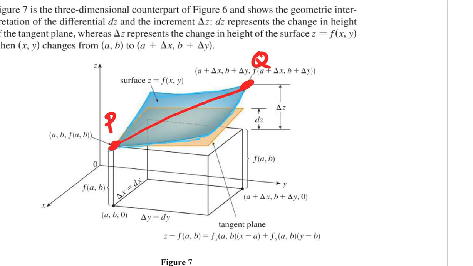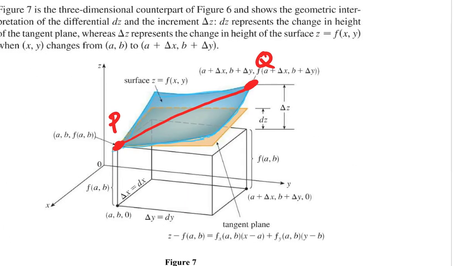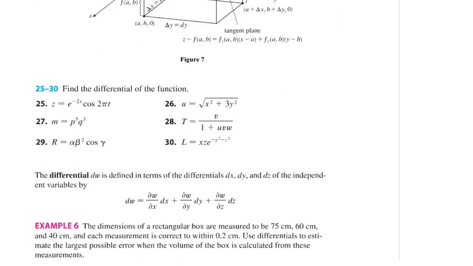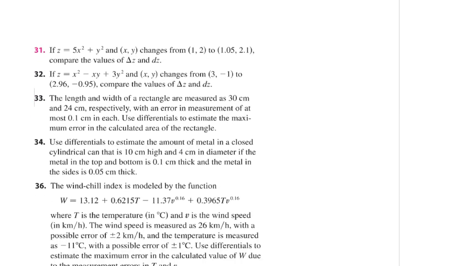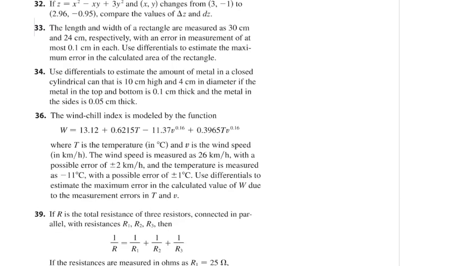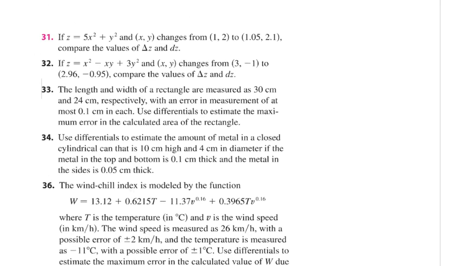I can approximate that slope using the tangent line instead. I mean the tangent plane instead. So that slope there. All right. So the idea here is probably better explained using an actual example.